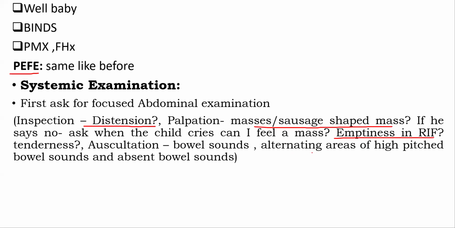On auscultation, you can get alternating areas of high-pitched bowel sound with absence of bowel sound. So these are the main findings. Palpation, sausage-shaped mass, especially more noticeable when child cries, emptiness in right iliac fossa, and then bowel sound alternating high-pitched with absent bowel sound.